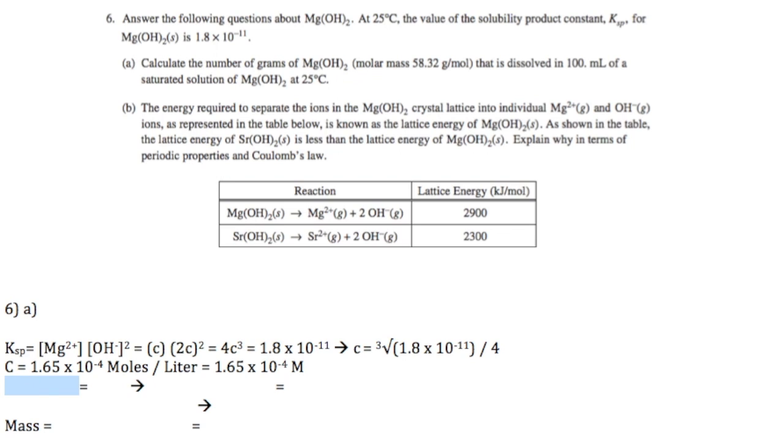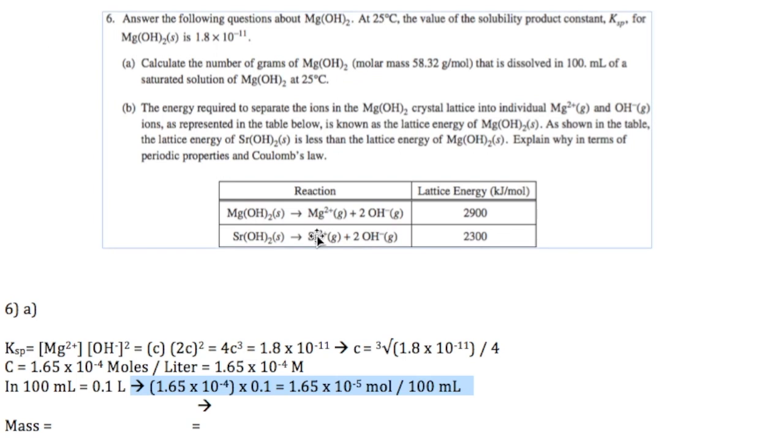So we would need to find the number of moles in 100 milliliters, and how do we do that? Simply multiply by 0.1. So this is the unit. It may seem a bit strange, but that's what it is. And we only really need to know this bit now that we know the number of moles in that quantity.